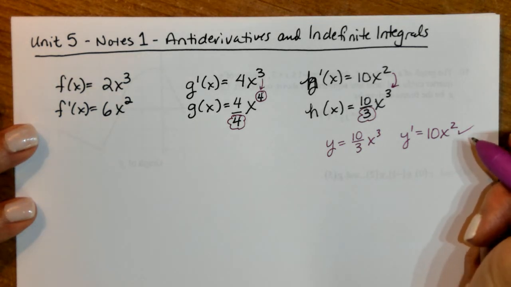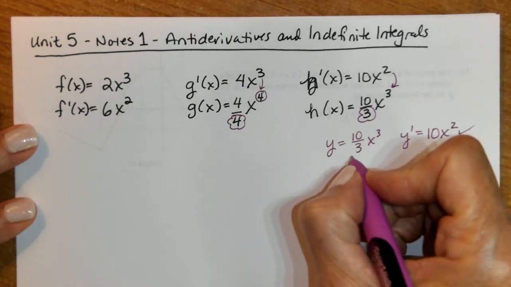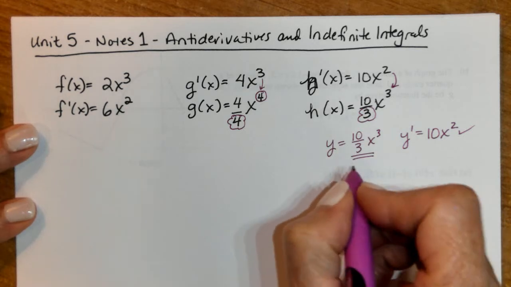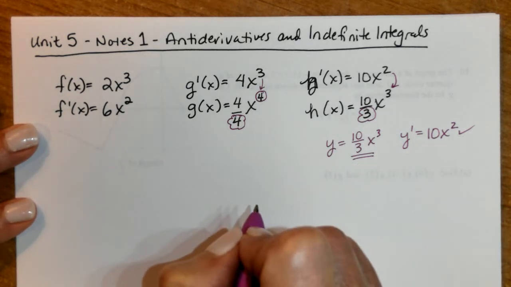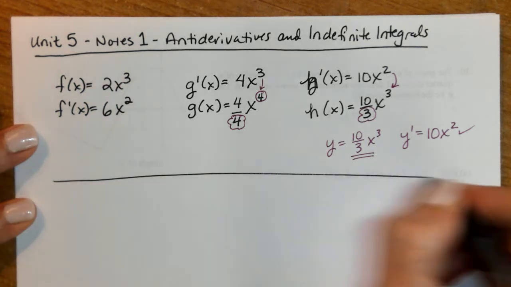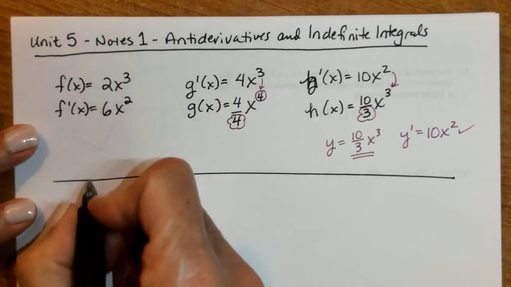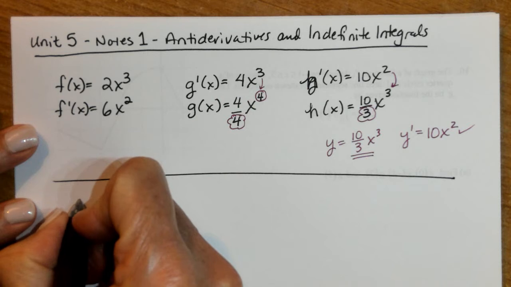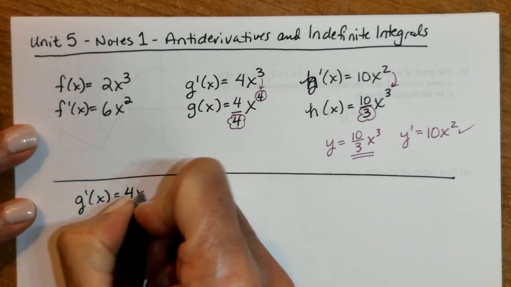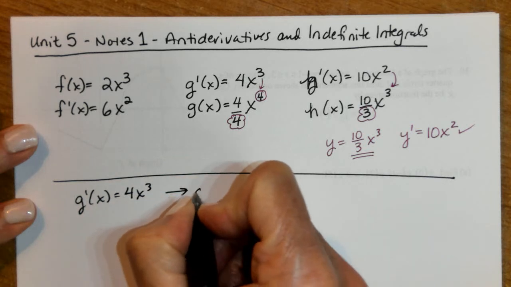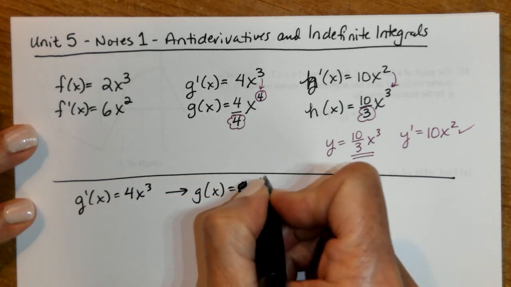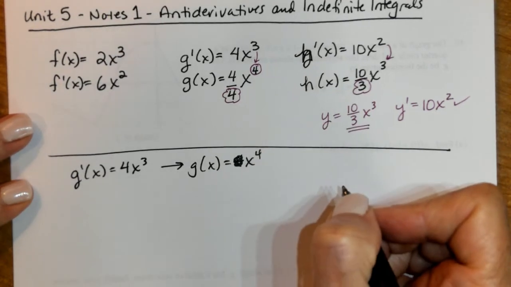Now, is this the only function? Is this the only function whose derivative is 10x squared? Let's go back to our g prime. So we had g prime is 4x cubed, and we said that g must be just x to the 4th, right?